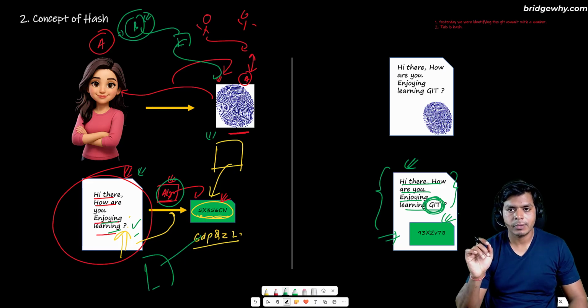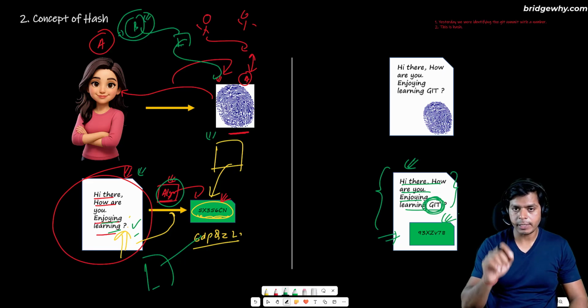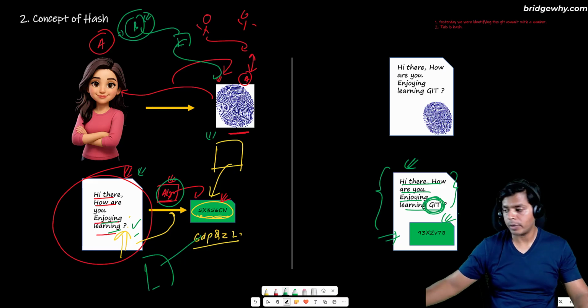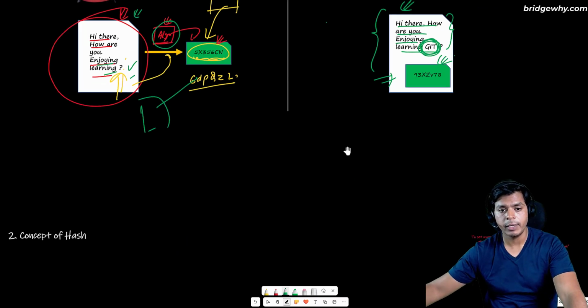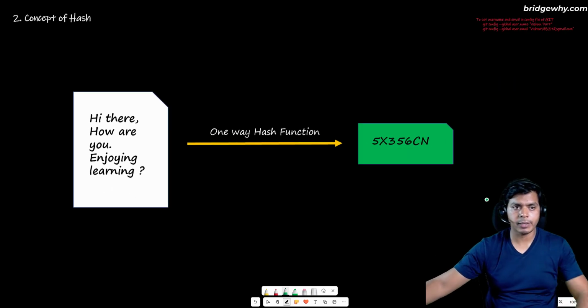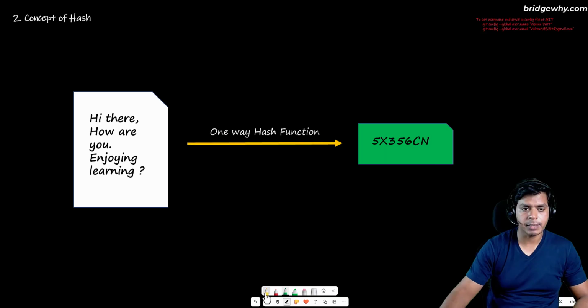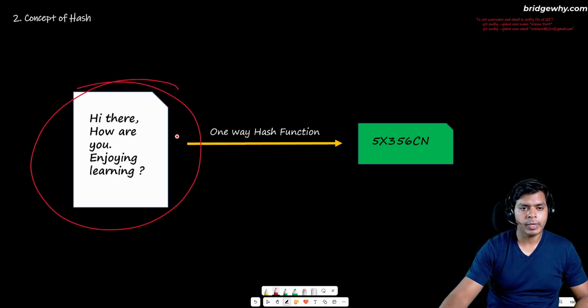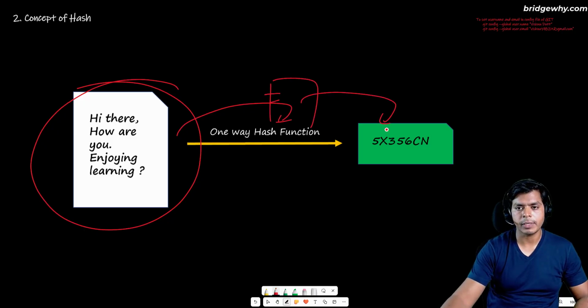So hash is a number which is just like a fingerprint of a particular file. Every file can give us this number if we send it to an algorithm, and that algorithm is known as a hash algorithm, by the way. So if I broadly explain the concept of hash, the meaning is simple. We have a file, we give it to the hash function or a box, and it will produce a number.